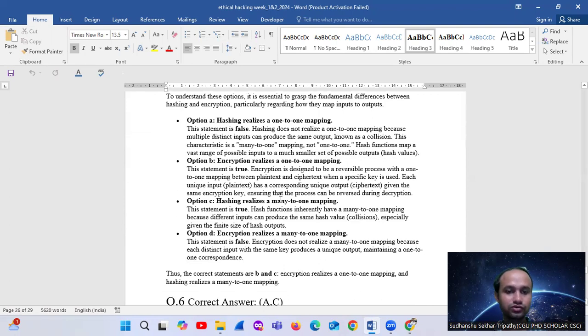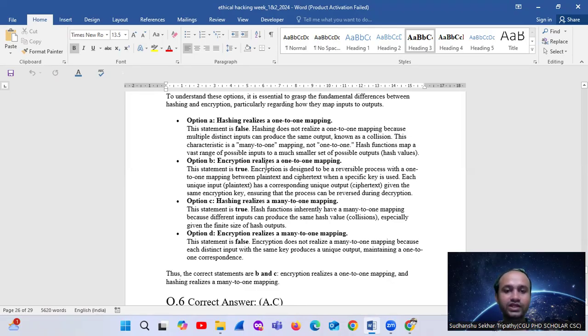Okay? So option A, hashing realizes a one-to-one mapping. This is false. Hashing does not realize a one-to-one mapping, because multiple distinct inputs can produce the same output, known as collision. This characteristic is a many-to-one mapping, not one-to-one. Hash functions map a vast range of possible inputs to a much smaller set of possible outputs, that is hash values.